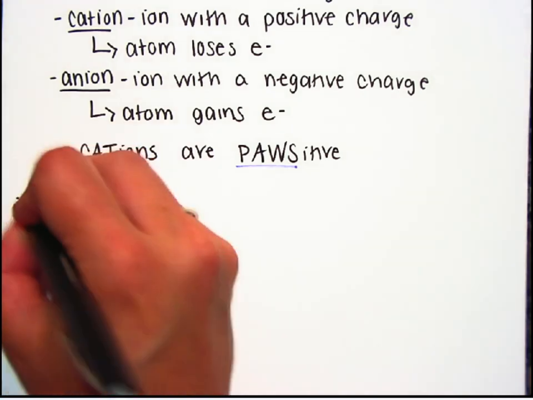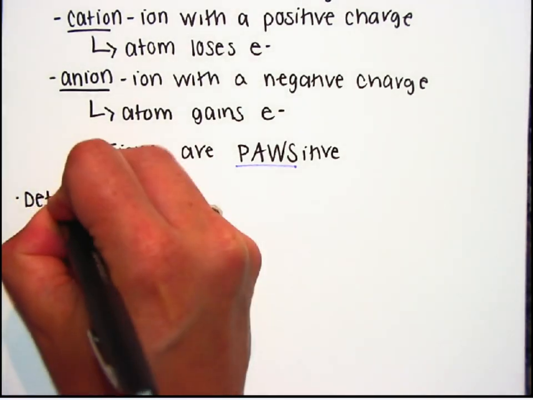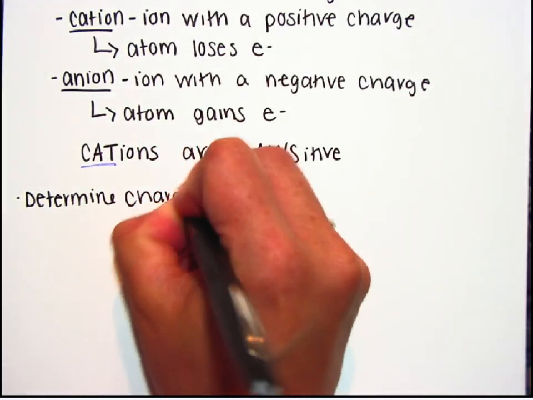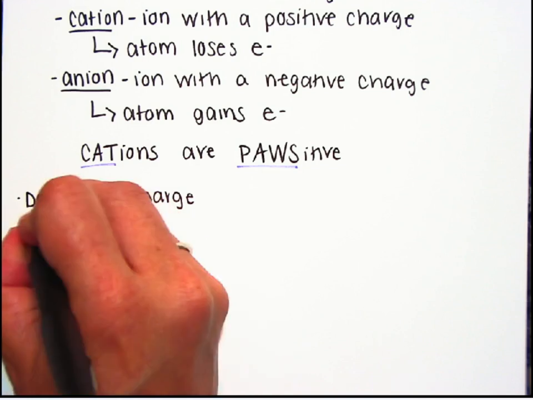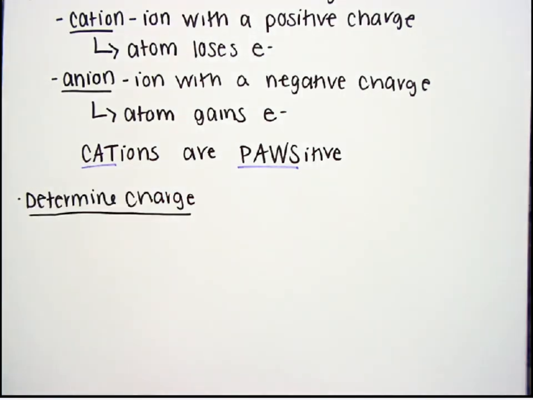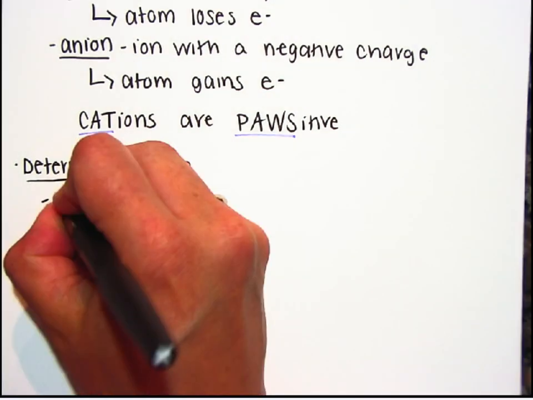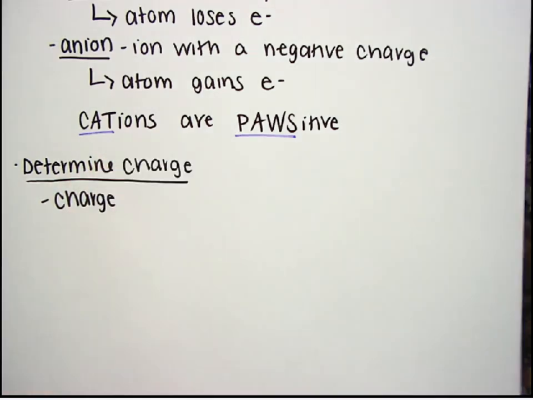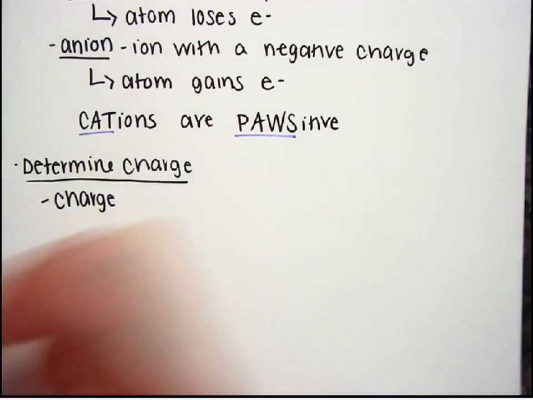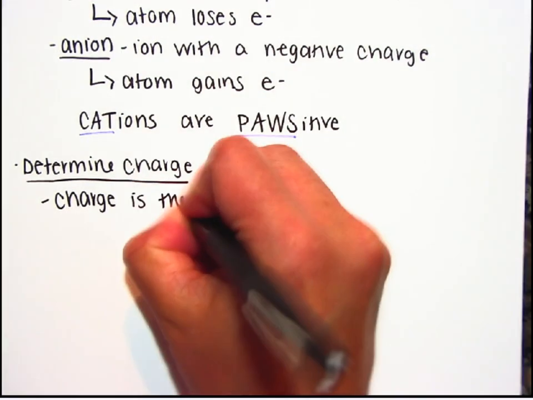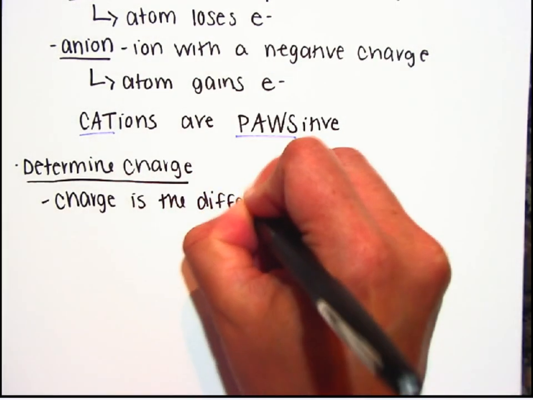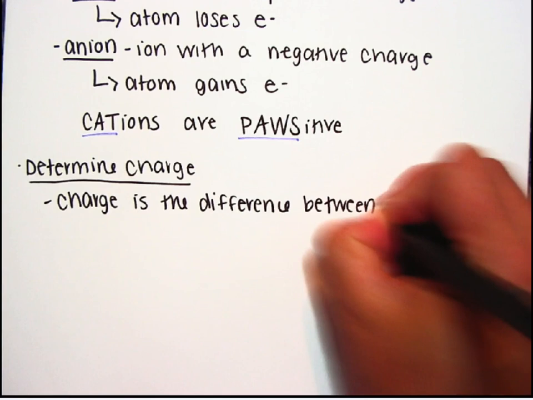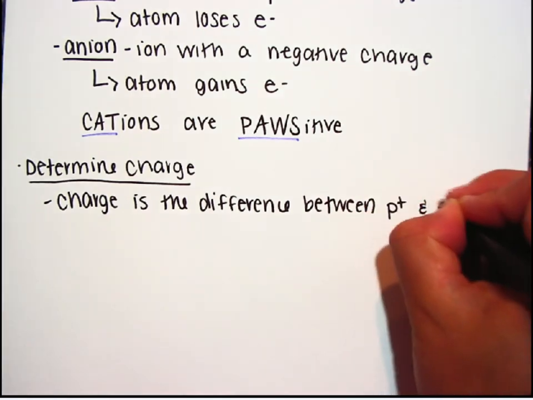So what we're going to do today is determine the charge. A few things to think about when you need to determine the charge of an ion. It depends on the two subatomic particles that have charge. Neutrons are neutral, so they don't affect the charge. Charge is the difference between protons and electrons.